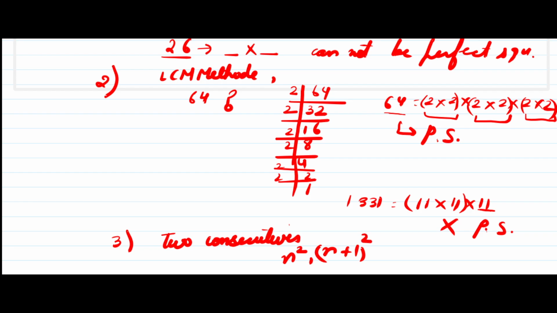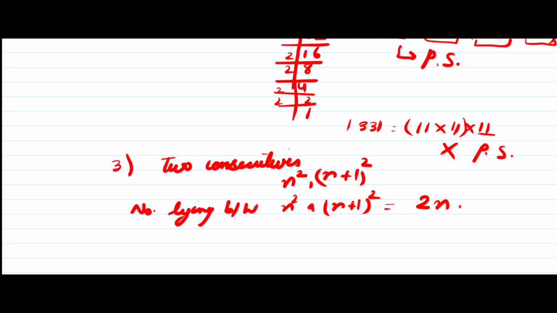These are the two consecutive squares, and I need to find out the numbers lying between these two, right? Between n square and n plus 1 square, there are 2n numbers. This is the trick. You need to remember this. They are 2n numbers.